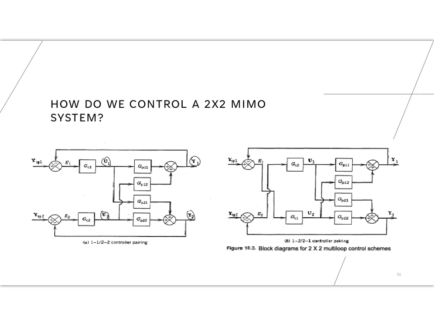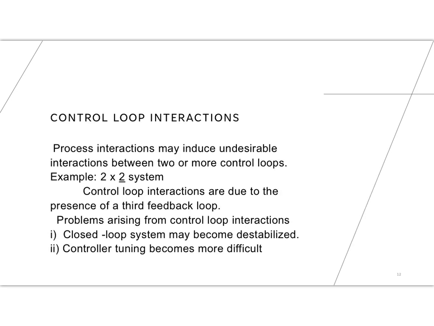Obviously, you could just switch the nomenclature, but the point is we don't actually know which variable we should be pairing with which. When we have these process interactions, where U1 affects both Y1 and Y2, those interactions might create undesirable interactions between the control loops. It may make changes that you didn't expect.